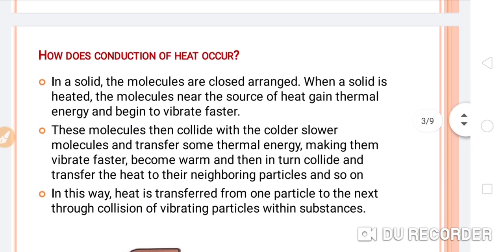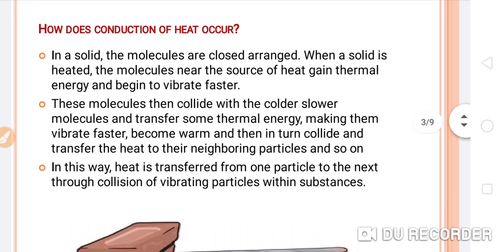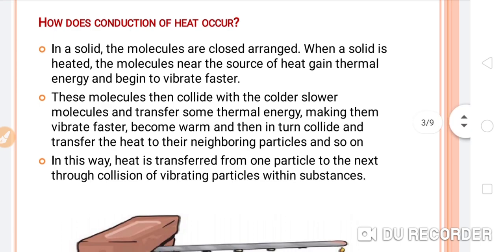Now next, how does conduction of heat occur? In a solid, the molecules are closely arranged, meaning they are compactly packed. When a solid is heated, the molecules near the source of heat gain thermal energy and begin to vibrate faster.